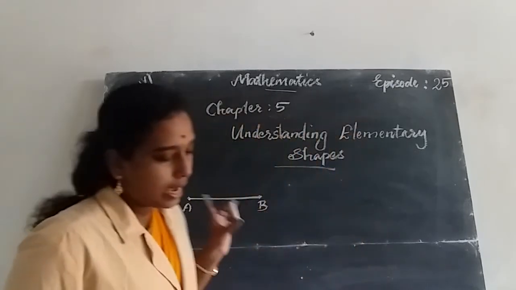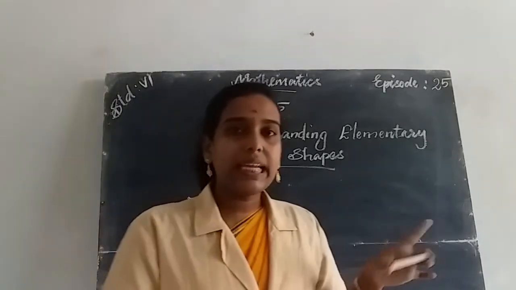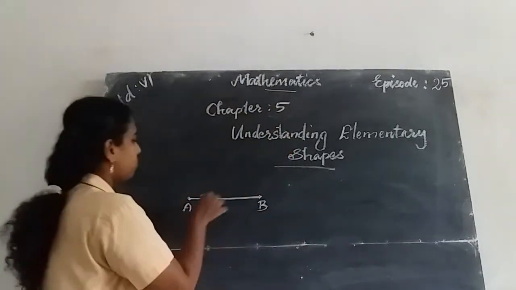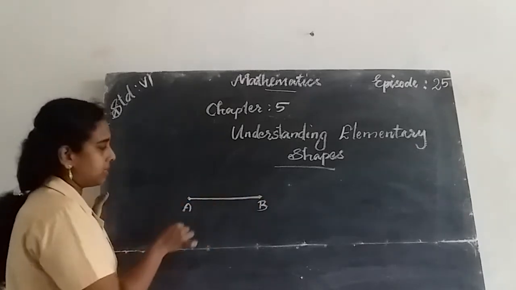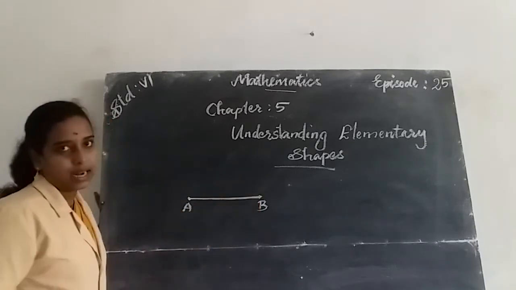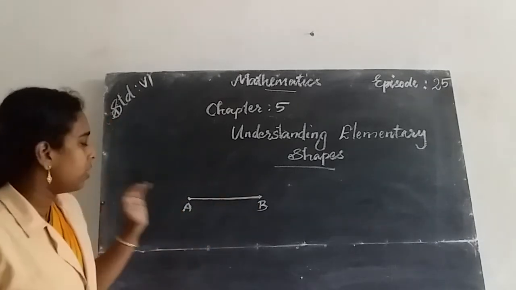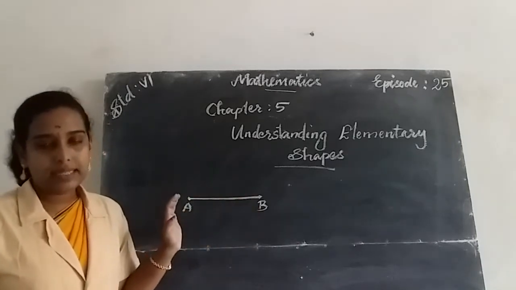The length of a line segment can be defined as the distance between its two ends. That is, the distance between A and B is the length of this line segment.